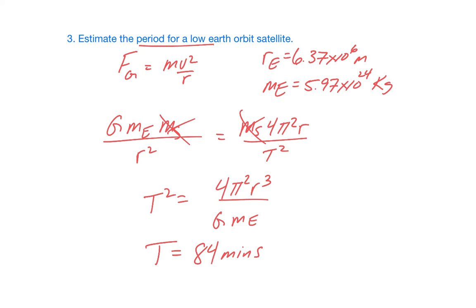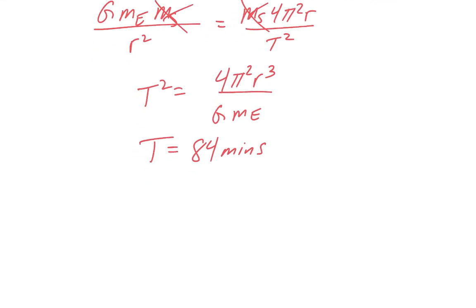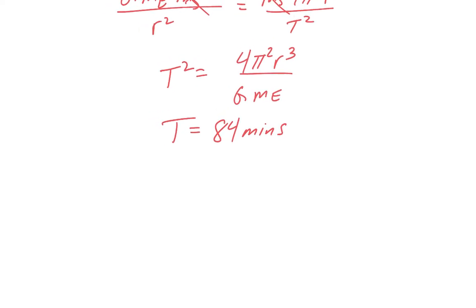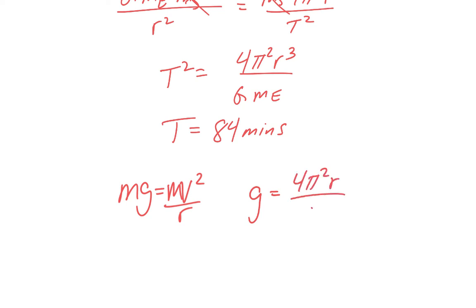So instead of using this F_G and this big long equation, we could have also just gone ahead and said, well, can we also just use force of gravity, mg, is equal to mv squared over r, which means that g is equal to, well, v squared over r is just that 4 pi squared r over T squared. And then we could have used that to find the period, right? So T squared is just equal to 4 pi squared r over g. So you could have made it a little easier on yourself had you wanted to do that.